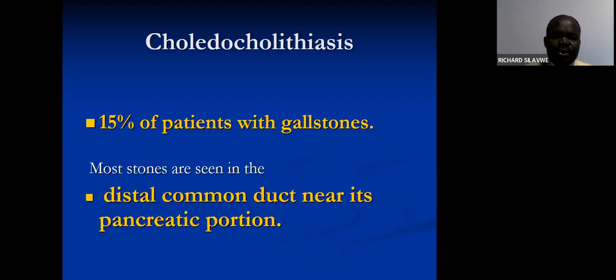So we'll be talking about some of the diseases that affect the duct. We have choledocholithiasis, which I already mentioned, where you'll be able to find stones in the duct. They are very common in some individuals, like here in Namibia.